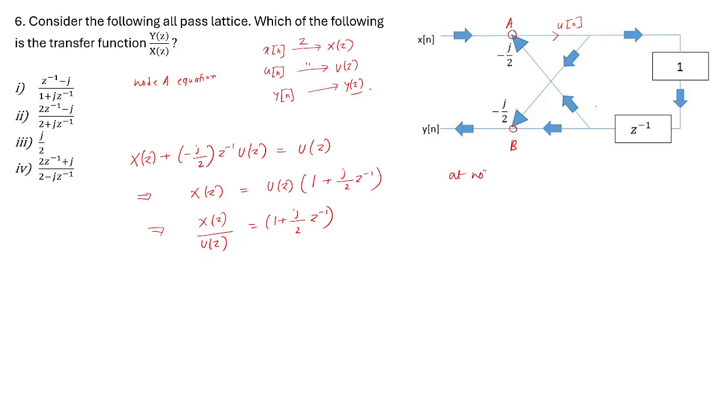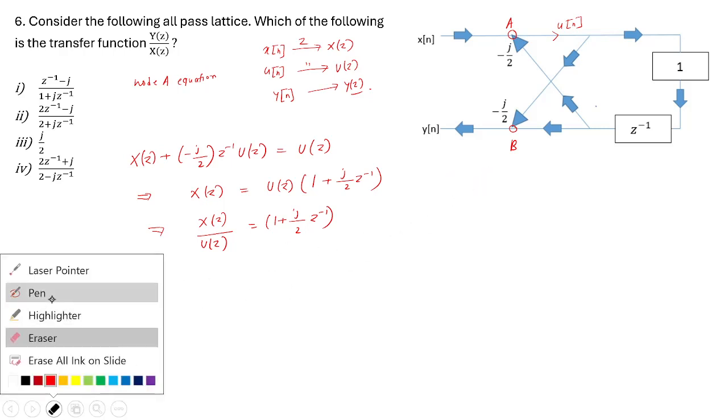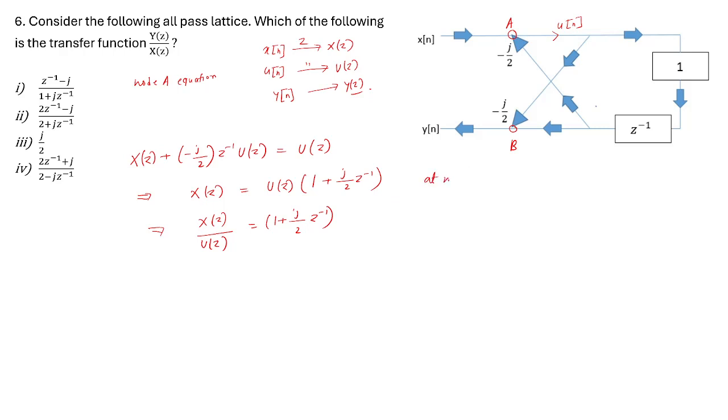Similarly at node B, we get the following equation. You can see here you obtain this version of U(z) directly come here with multiplication of minus z by 2, so minus z by 2 times U(z). Another version of U(z) comes through this unit gain and 1 unit delay block, that is z inverse of U(z).